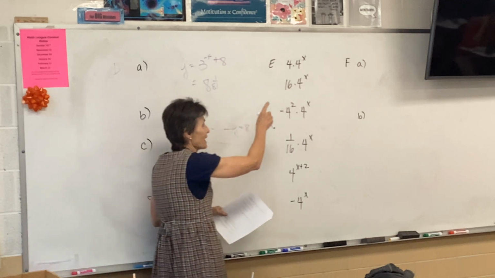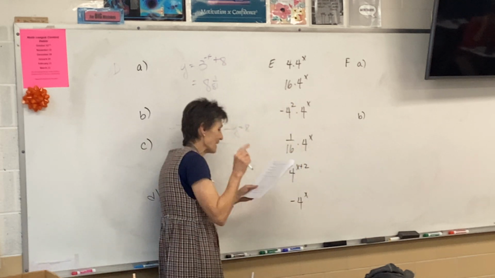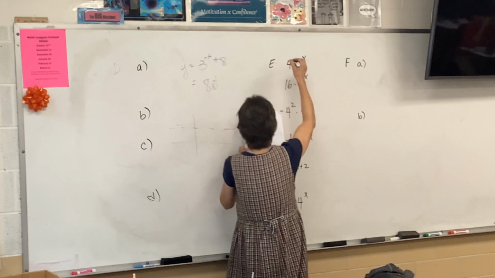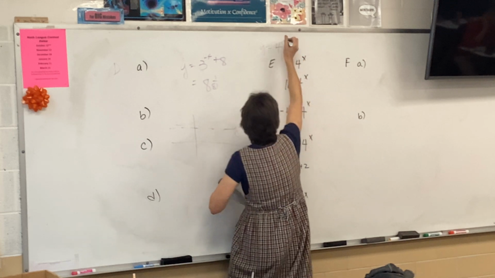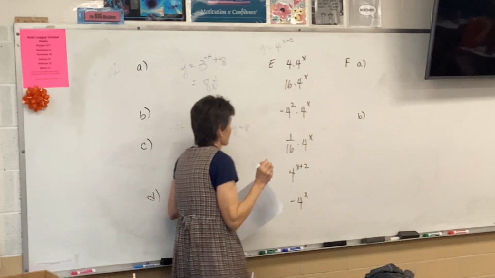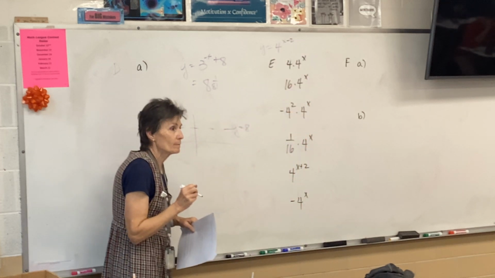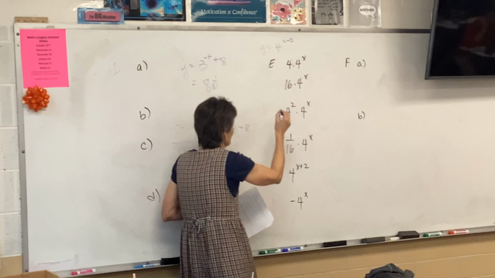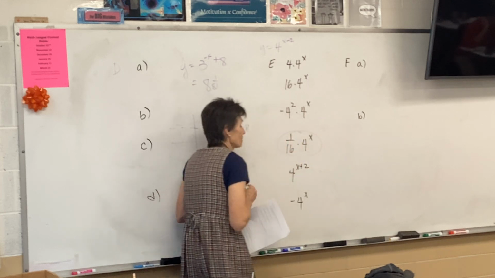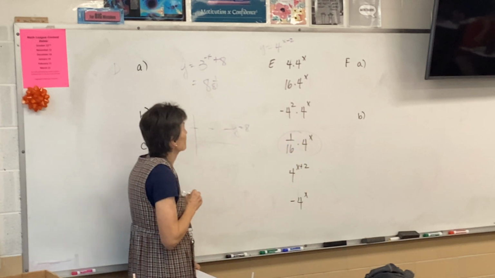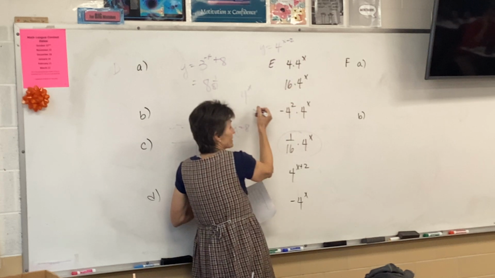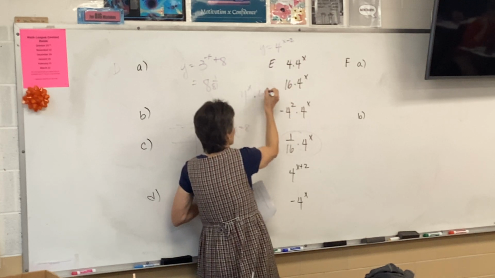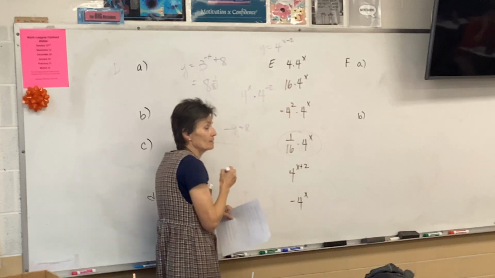Since I wrote all this down, can we zip through this? Did any of these match 4 to the x minus 2? Which one? 1, 2, 3. This one right here? Because this is 4 to the x times 4 to the negative second.